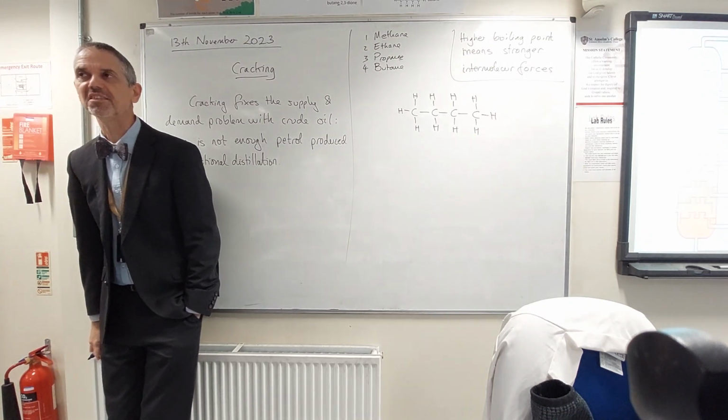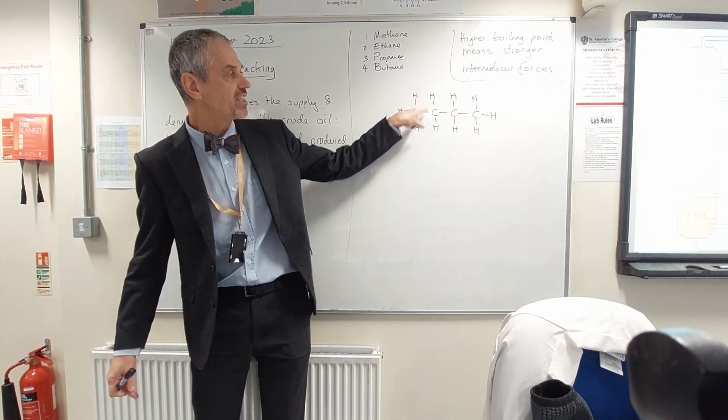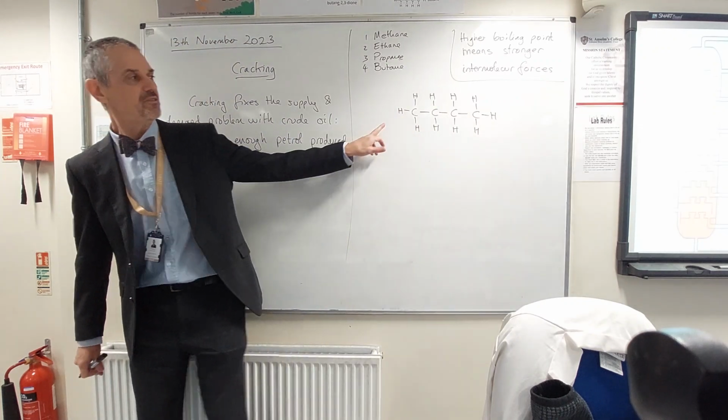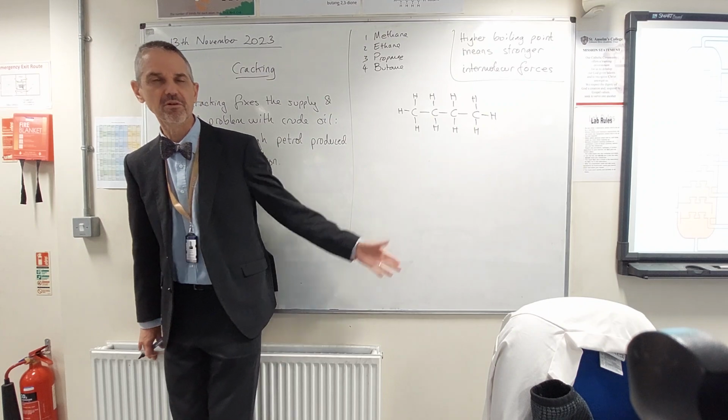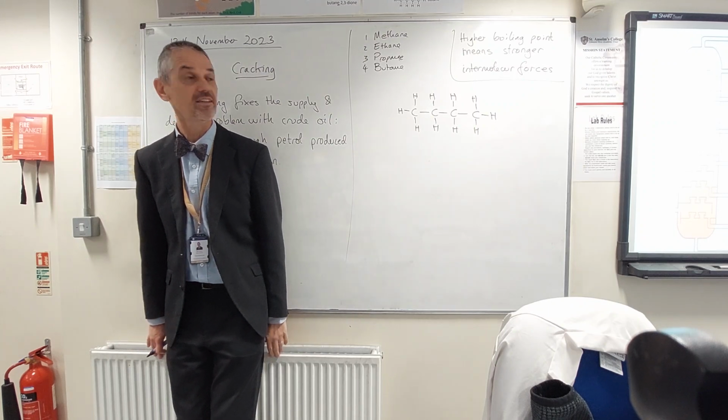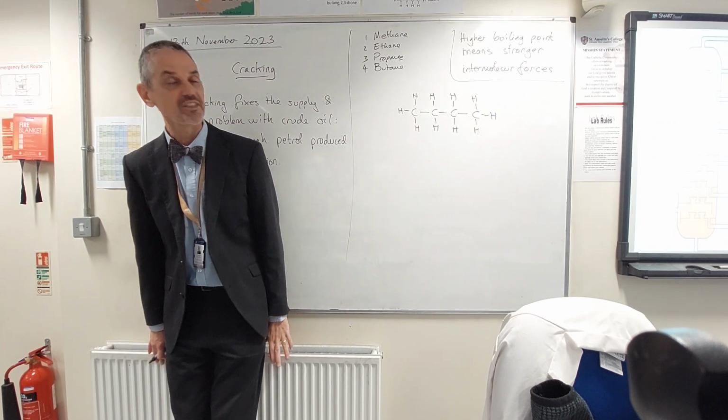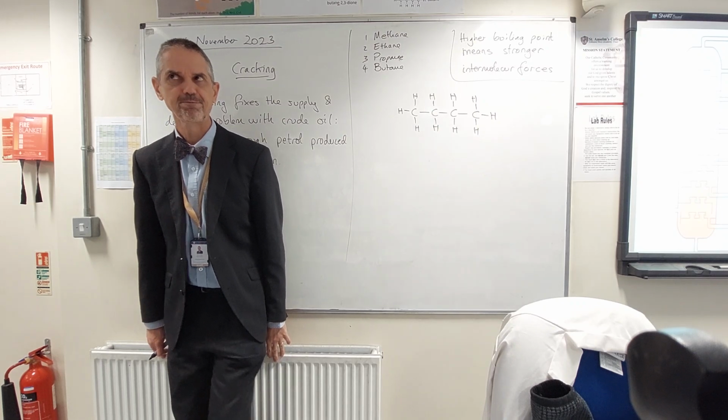Yeah, so 4 carbons is butane, and every carbon always has 4 bonds. So if you put 4 carbons in a line and put 4 bonds around them, and then add a hydrogen to all the other ends of the bonds, you will get the right structure for butane. Okay.